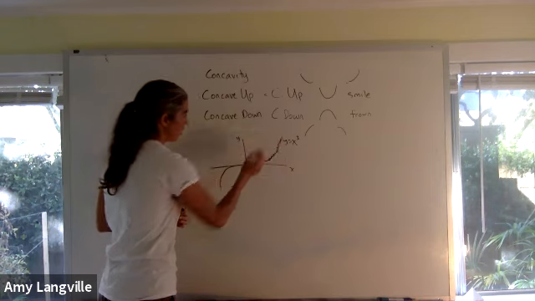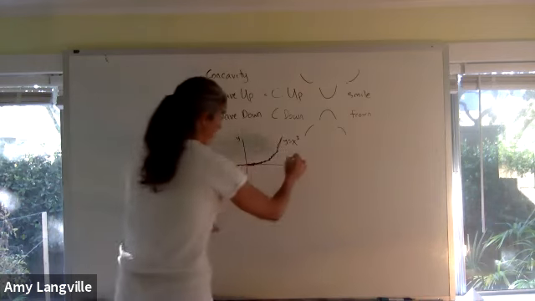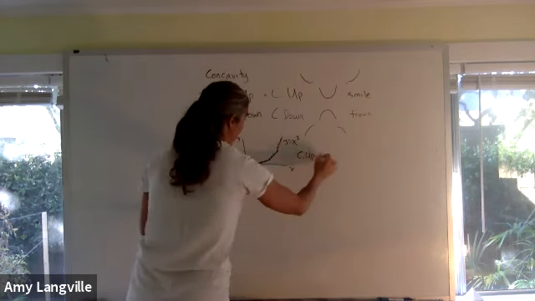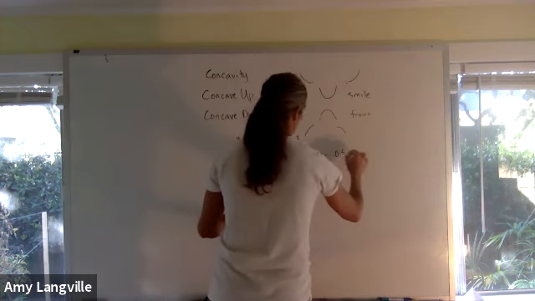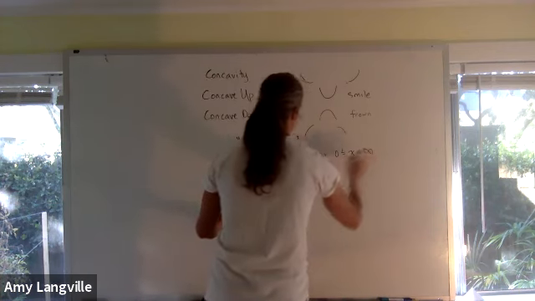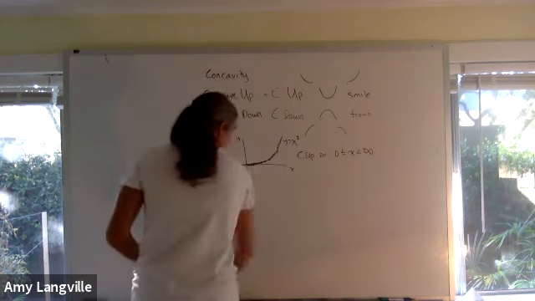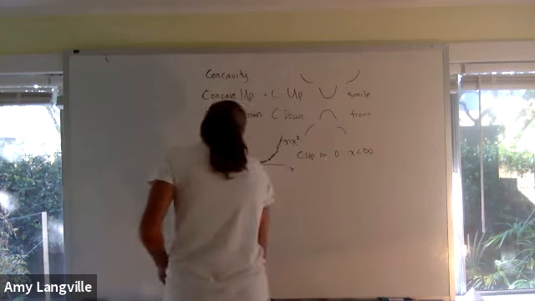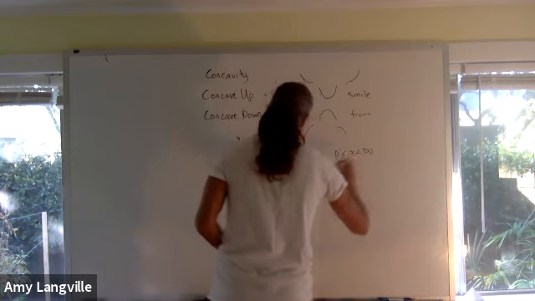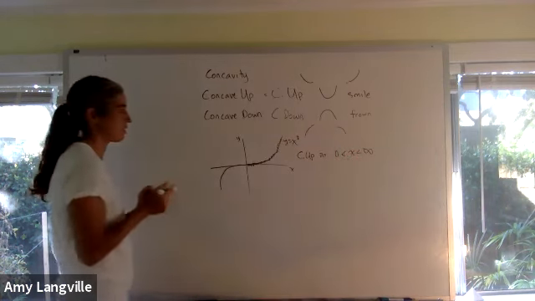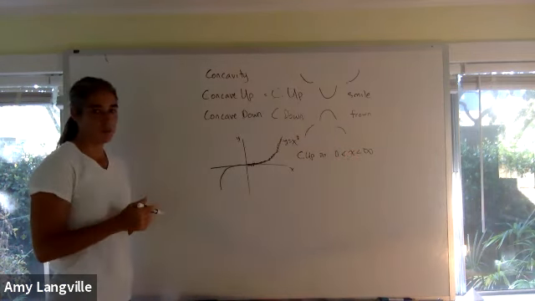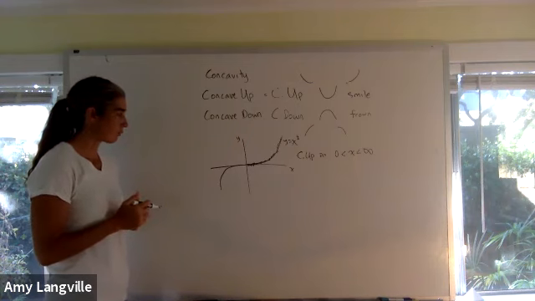All the way up, it's going to continue and be concave up. So another way of describing that is it's concave up on the interval from 0 to infinity. And you don't necessarily have to include the 0 either, because at 0, it's neither concave up nor concave down. It's going to be something else we'll define in a few more videos.